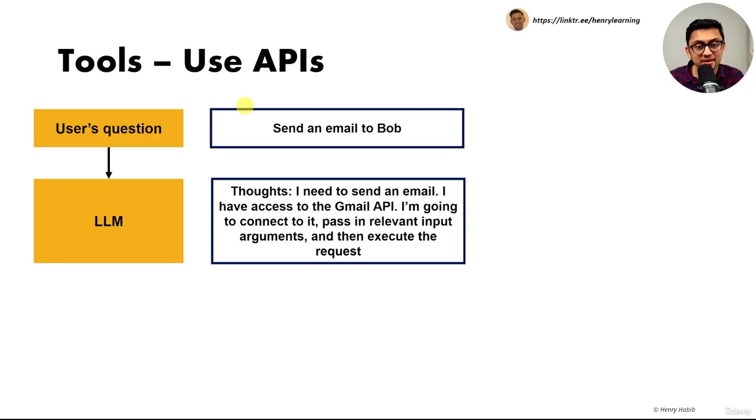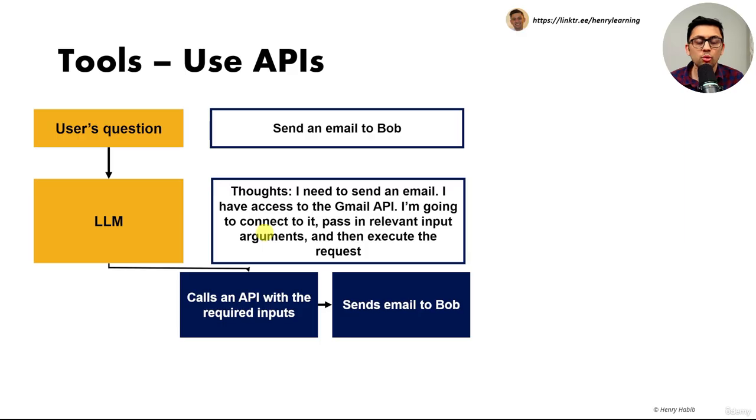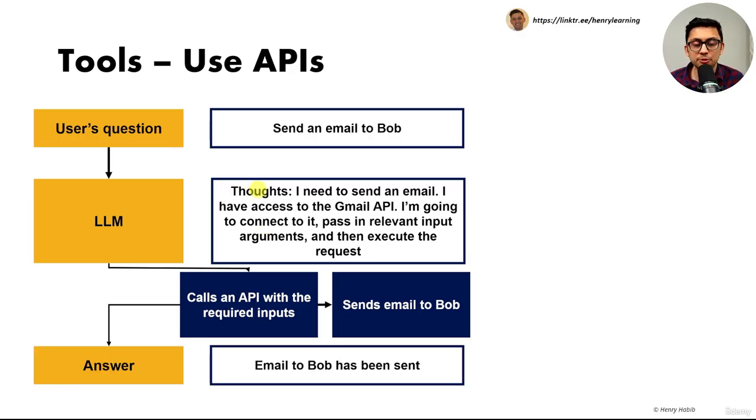So it thinks, I need to send an email, I have access to it using the Gmail API, I'm going to connect to it, pass in the relevant input arguments, and then execute the request. So it calls the API with the required inputs, which then actually sends the email to Bob, and then the LLM just outputs that the email to Bob has been sent.